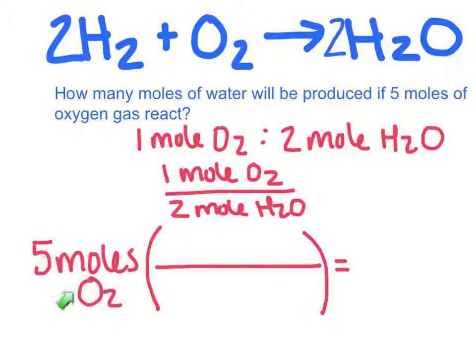Moles of O2 is technically a numerator, right? Because I can put it over 1, and 5 divided by 1 is still 5. So this is a numerator. And if I want this unit to cancel out, which I do, because I'm trying to convert it into moles of water, it has to go on the bottom next.